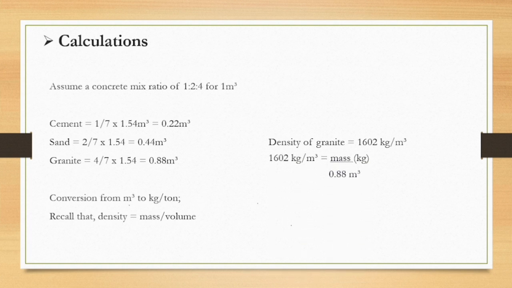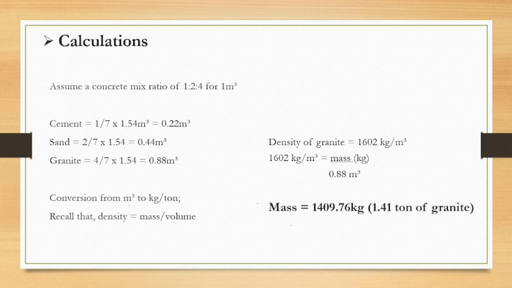So 1602. And when you do your conversion, you are going to have 1409 kilogram. Let's say 1410 kilogram. Now, when you convert to ton, that is divided by 1000. So 1000 kilogram is equal to 1 ton. So when you convert, you are going to have 1.41 ton.